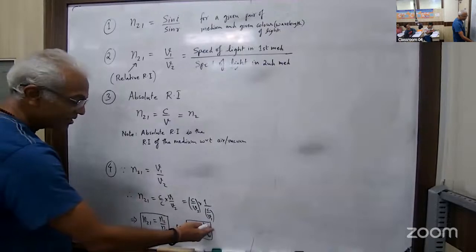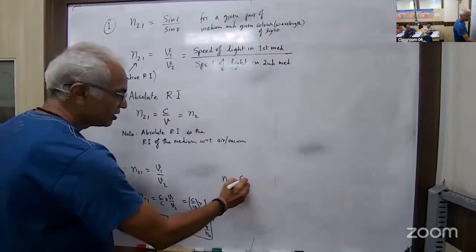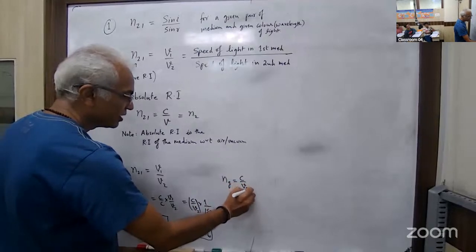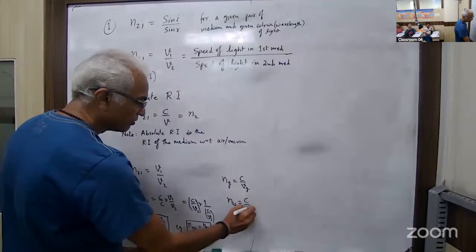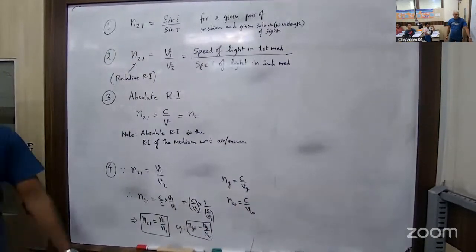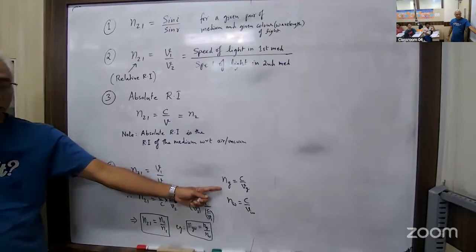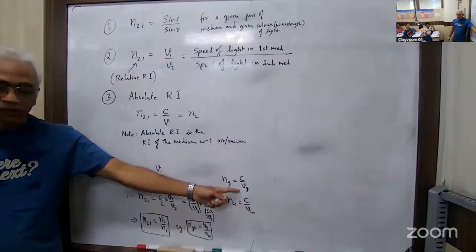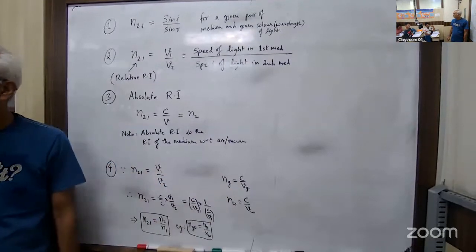Ng is C by Vg, Nw is C by Vw. Got it? The absolute refractive index of glass is the speed of light in air divided by the speed of light in glass. That's what it is.